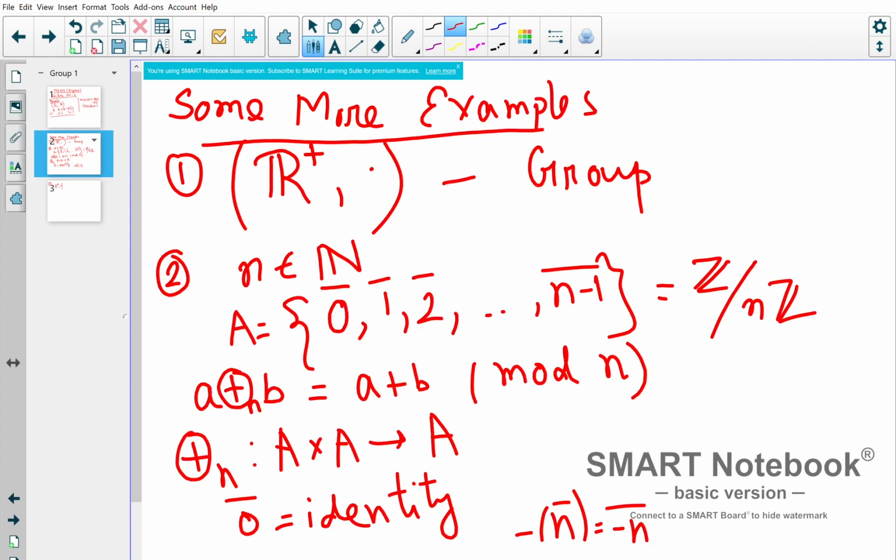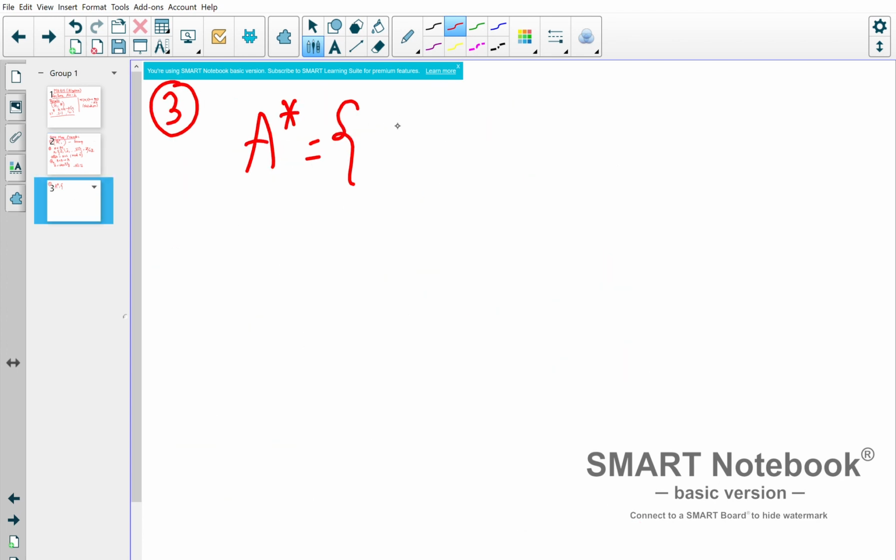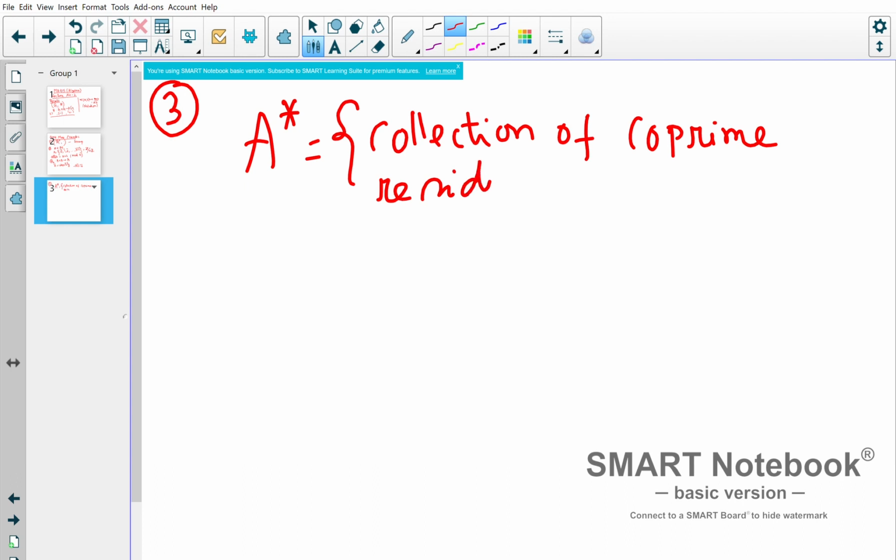Out of these many residue classes, you take only those which are co-prime to n. Co-prime means relatively prime, whose GCD with n is 1. So it is the collection of co-prime residues modulo n.